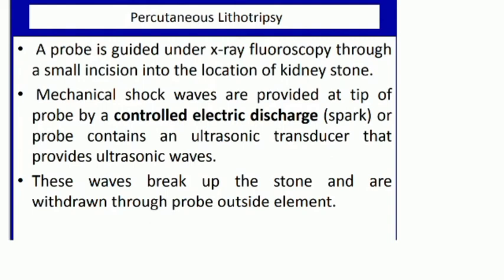Sometimes a stone can grow up to a golf ball size, and it can cause an immense amount of pain. Even the smallest size of stone may also cause immense pain, and sometimes it can go unnoticed. So today we are going to study two types of lithotripsy technique that can be useful for removal of kidney stones.